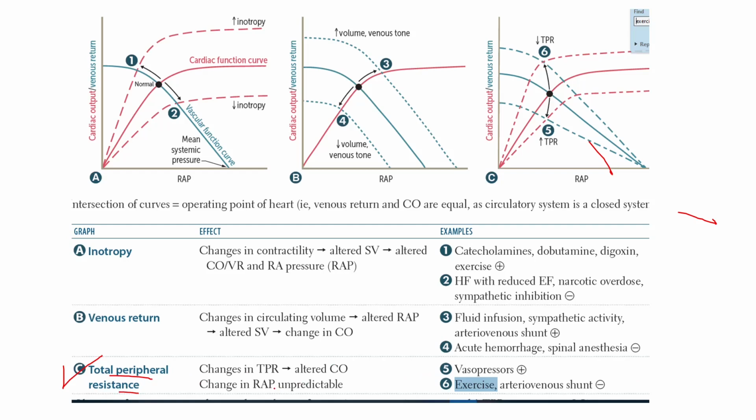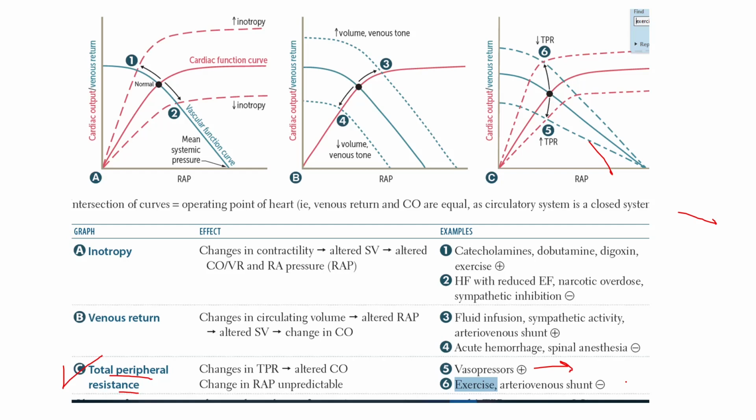So what happens is that vasopressors cause vasoconstriction, so they would obviously increase the resistance that the blood is getting. That is very simple. How does exercise and arteriovenous shunt change the total peripheral resistance? That we have to understand is due to when you're exercising, the skeletal muscles dilate because they want more blood to come towards them.